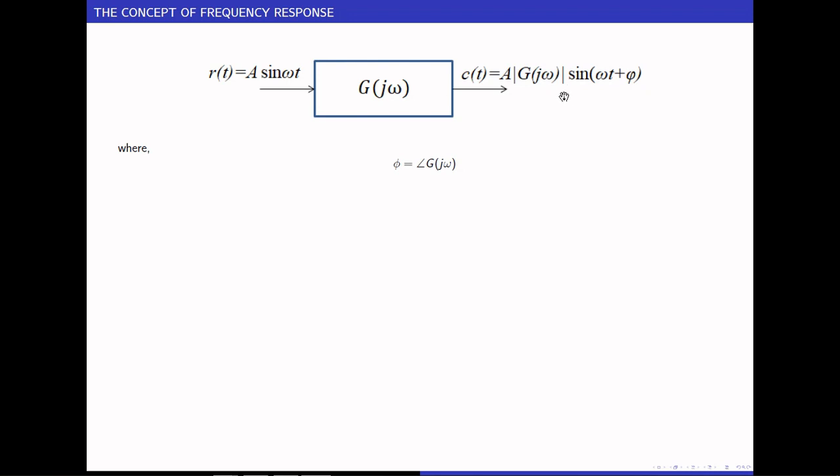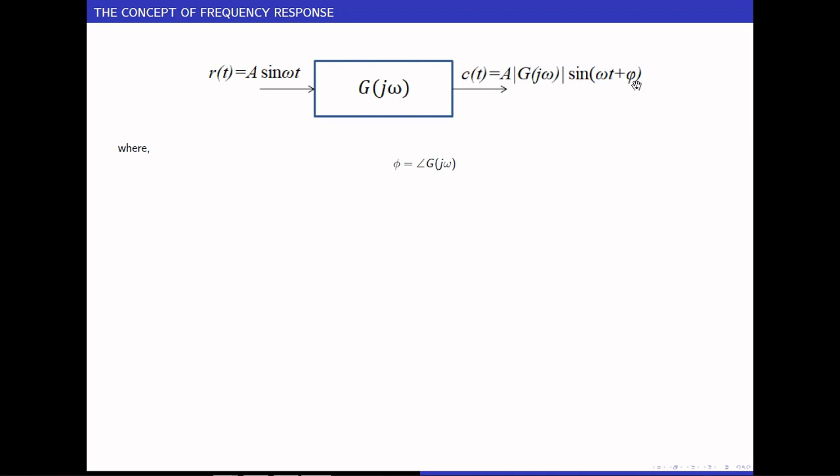However, there are two changes in the output. One change is in the amplitude. See, the amplitude of the input is A, whereas the amplitude of the output is A into magnitude of G of j omega. So that means the amplitude or the magnitude of the input is multiplied by G of j omega's magnitude.